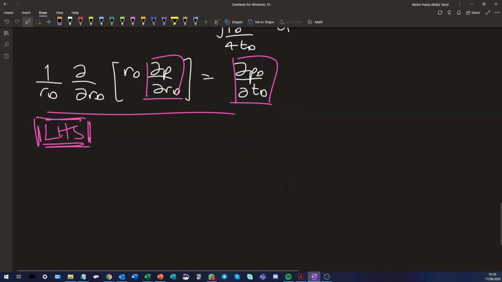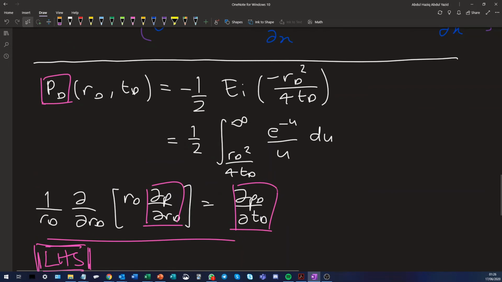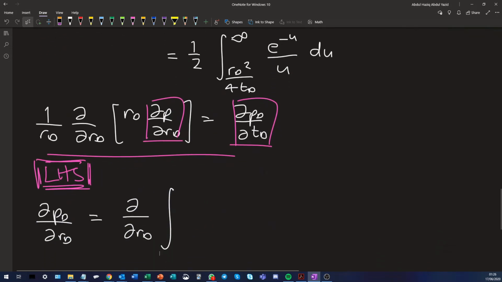we can use the fundamental theorem of calculus to write the following. Dou p sub d over dou r sub d is equal to dou over dou r sub d. Alright, and we have the 1/2 over here.